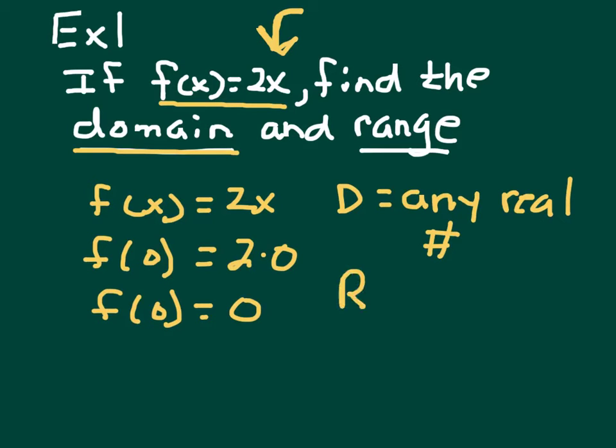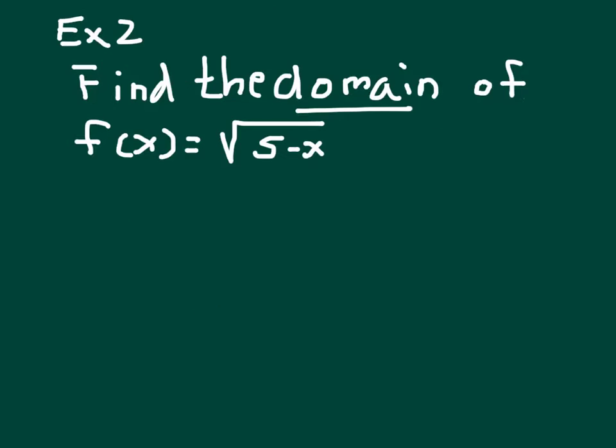Now the range, and I'll just use R, well, I could get a decimal, I could get a negative number, depending on what I put in. So again, any real number can be a result of this. It doesn't matter what we put in, and since it doesn't matter what number I put in, it's not going to matter what result I have. And that's our domain and range for example 1.